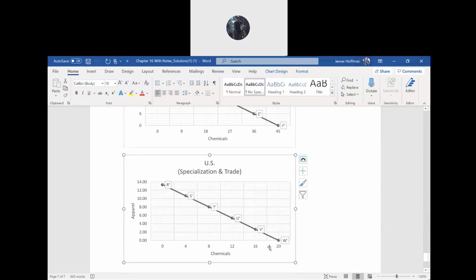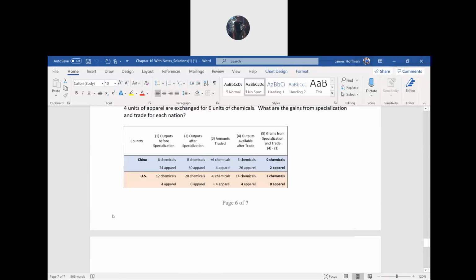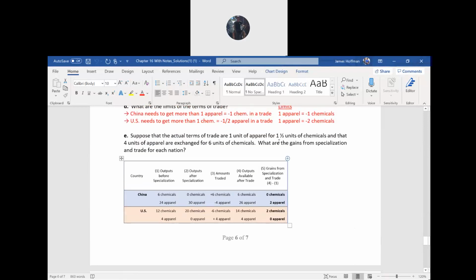Okay. And the points here show, so this is what they kept in their specialized good, and then this is what they got back in the trade. But the math is a little tricky here because they're trading at 1.5 for 1, so that means 1 for 2/3 basically.